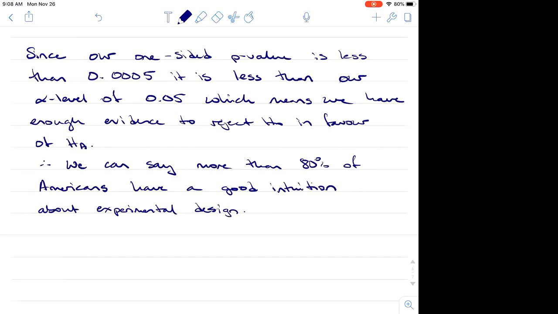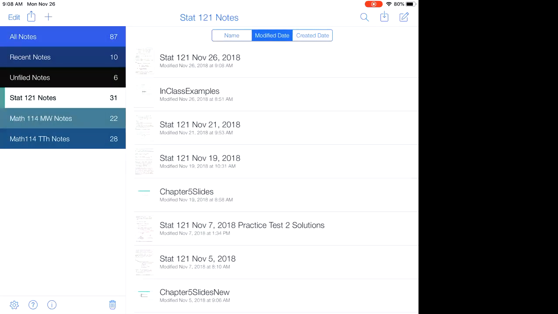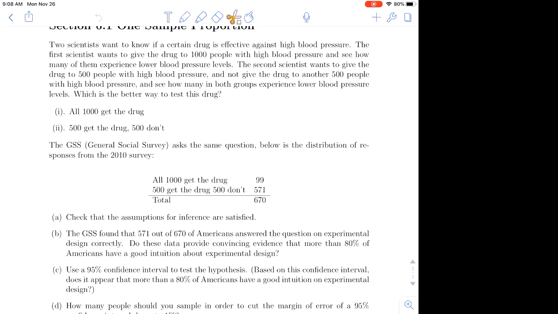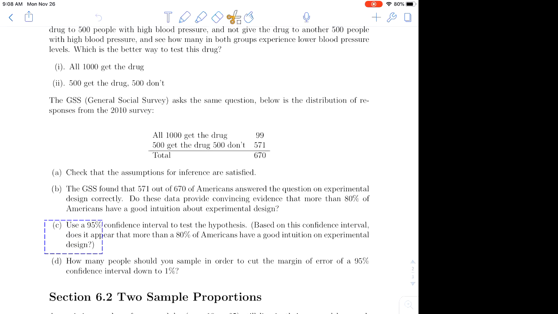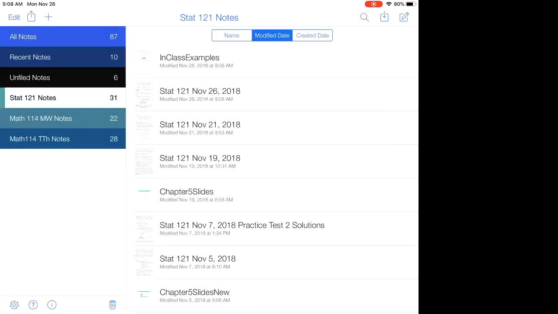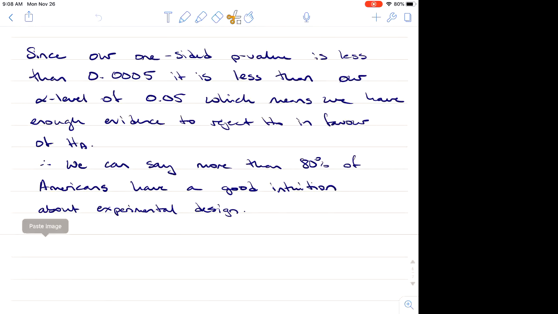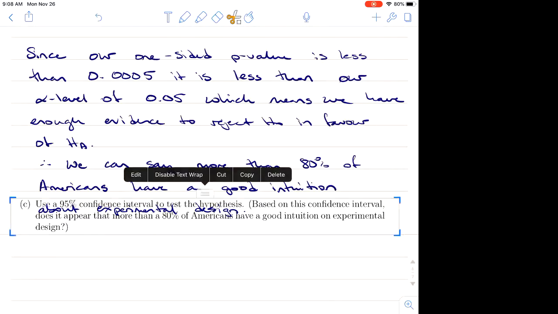What if we use the confidence interval instead to test this hypothesis? So use a 95% confidence interval to test this hypothesis. So like I said, on the final, I'm not going to make you do both, just one of them, right?